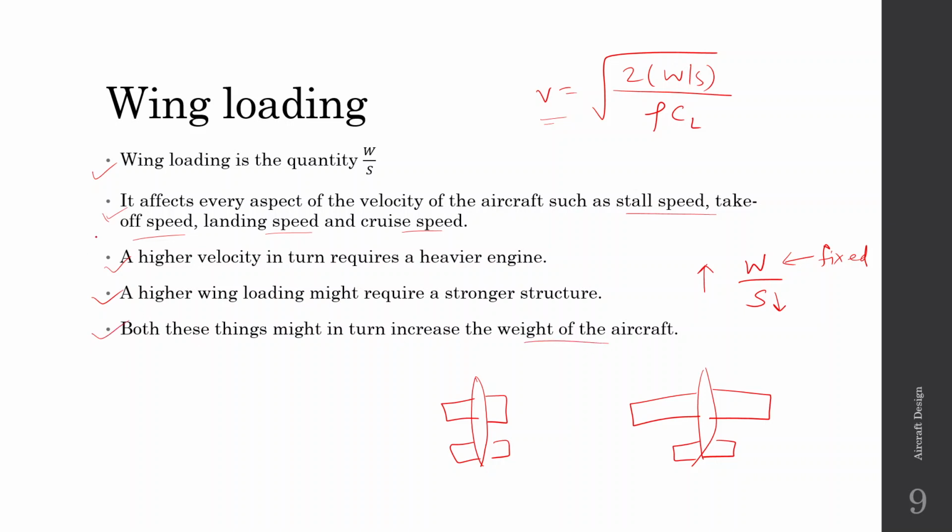So this was the primary effect, and these were the secondary effects. When the weight increases, your wing loading will again change, because the weight is there in the wing loading, right? So you will have to again perform this optimization process. As I said, designing is an iterative process.